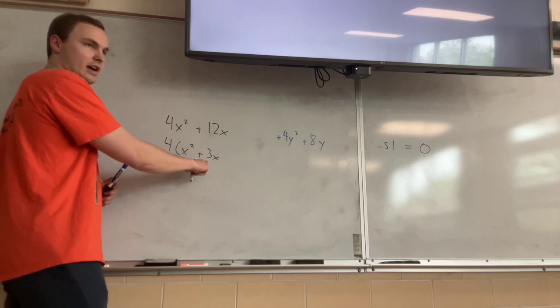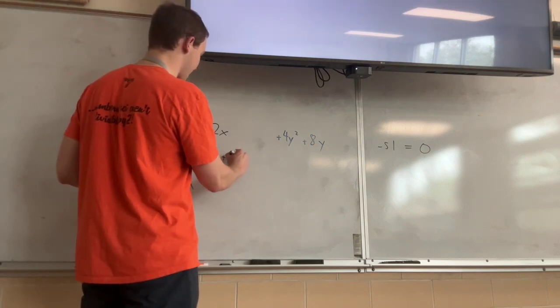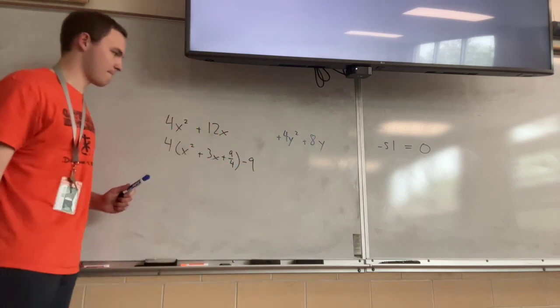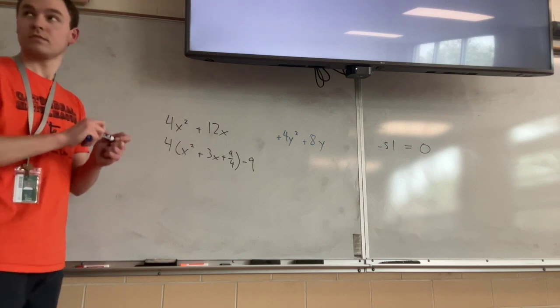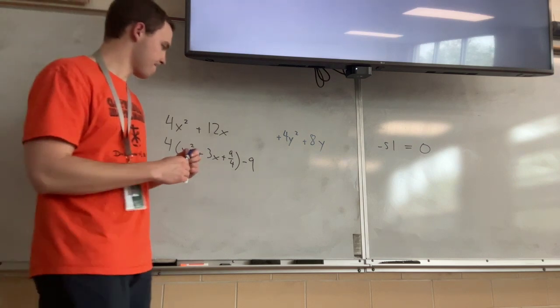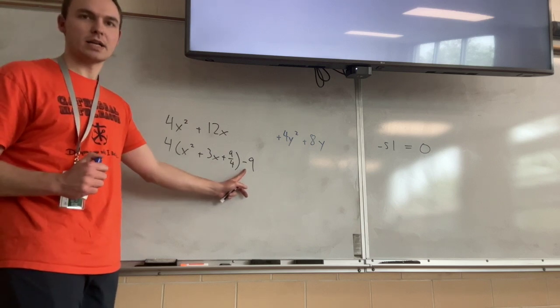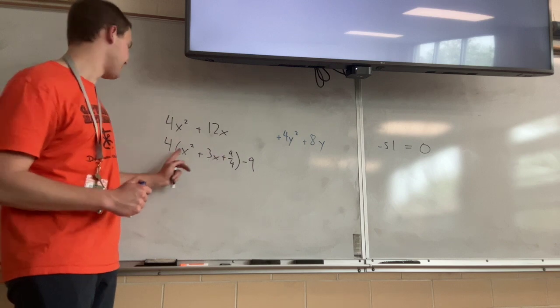Okay. I divide my 3/2 by 2 and square it. I get 9/4, so plus 9/4. And then a minus 9 outside. I do a minus 9 and not a minus 9/4 here because why? I have to multiply what I just added inside the parentheses by that front number.